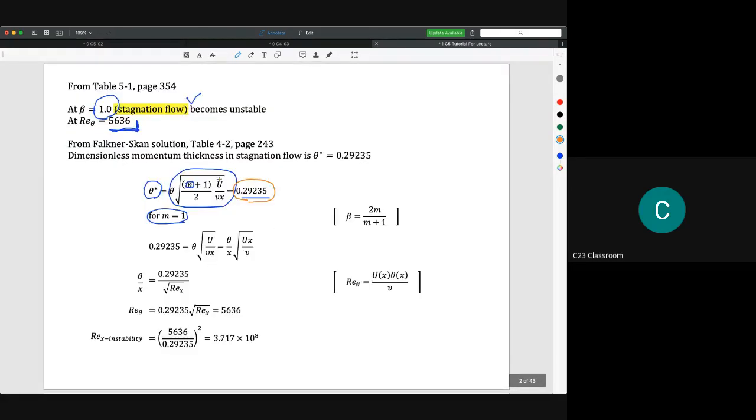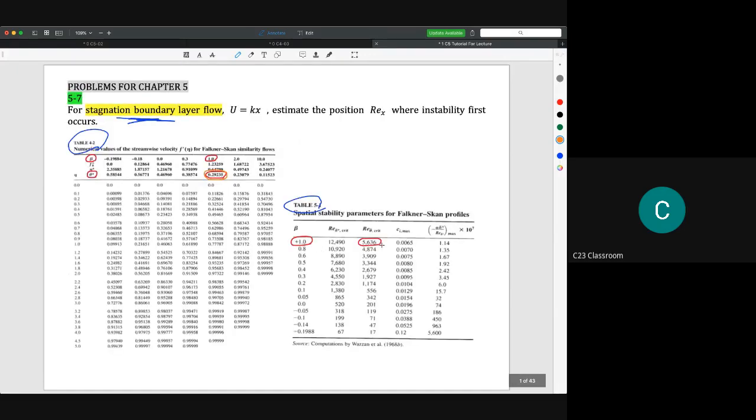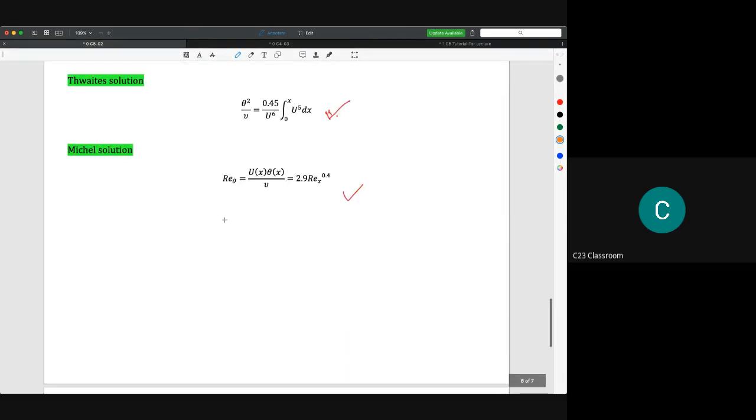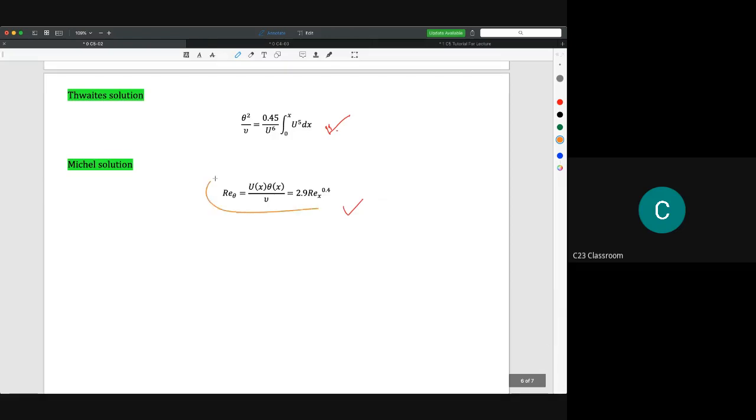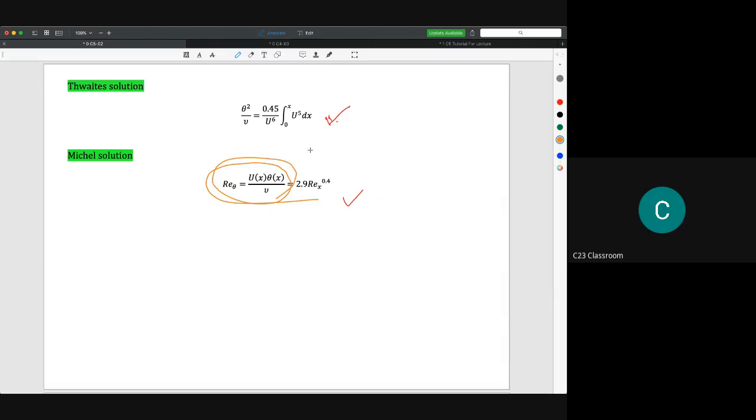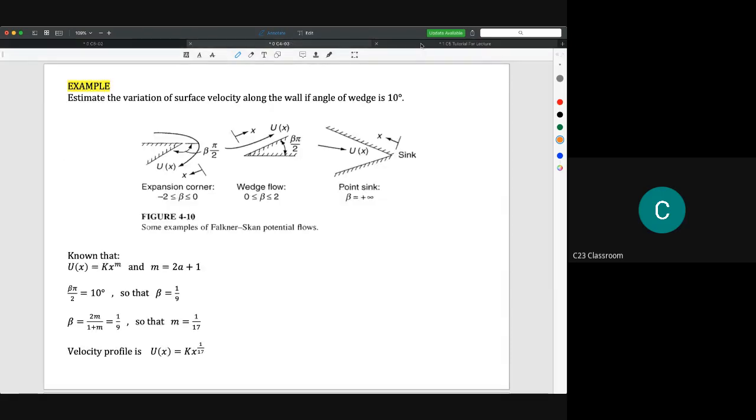Then what we need to do is equate it with, not the Falkner-Skan, but the equation with the Michel solution, this one.